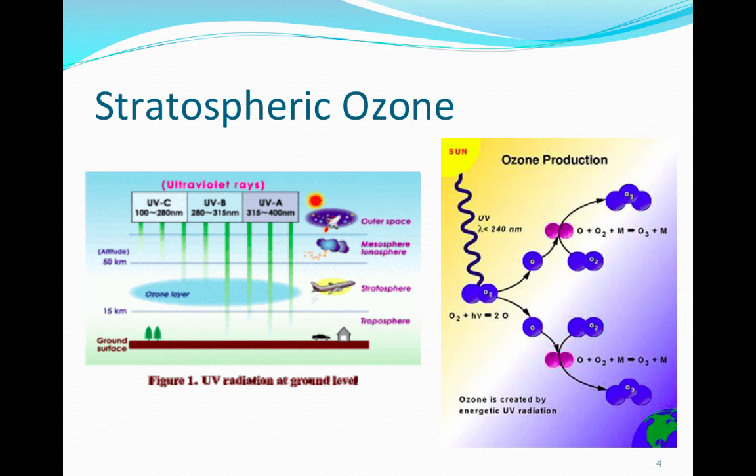It actually hits the oxygen already in the air, splits that apart, and then one oxygen, which is called a radical, hits another O2 and forms ozone. So the UV radiation that the ozone protects us from, it actually creates the ozone, so kind of cool.